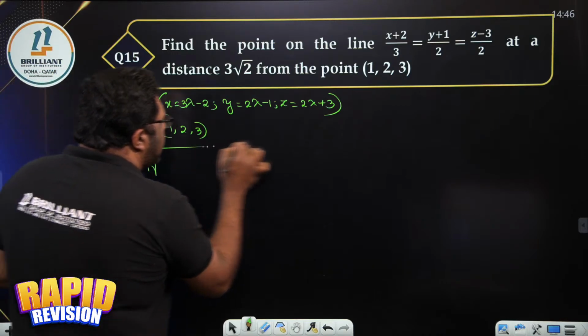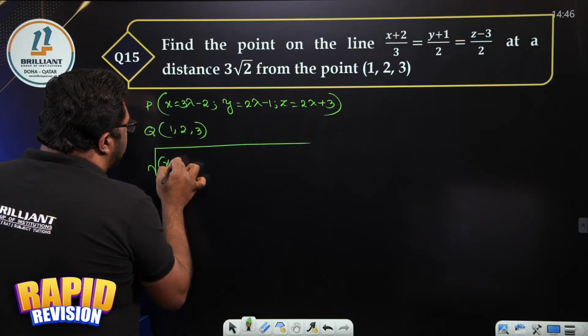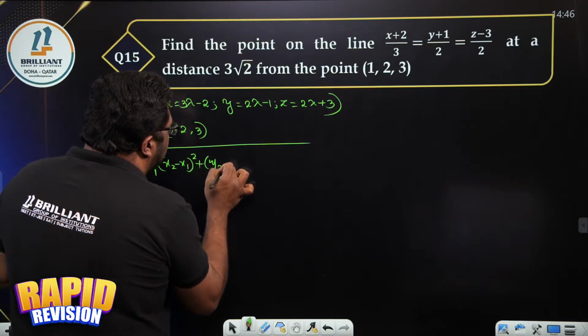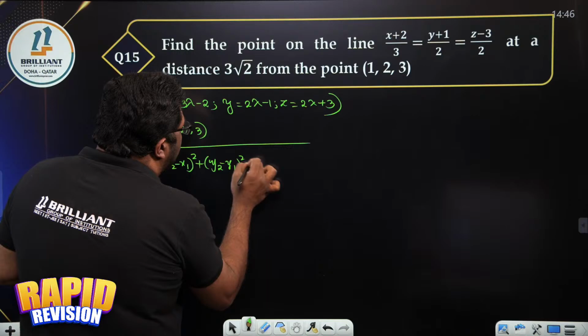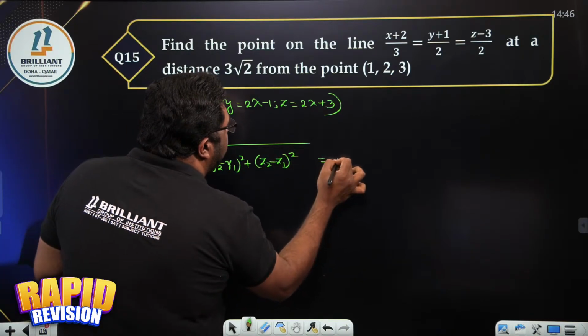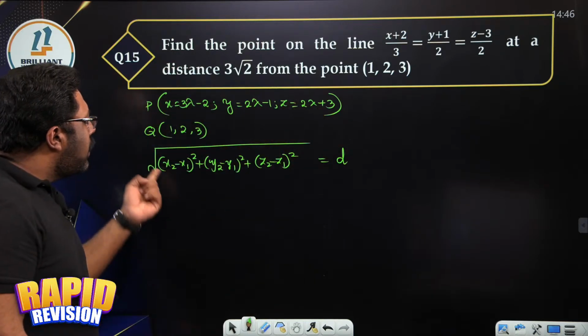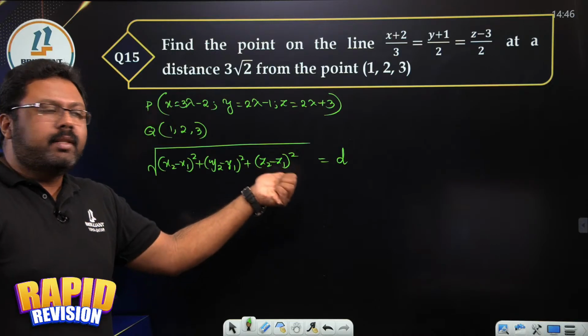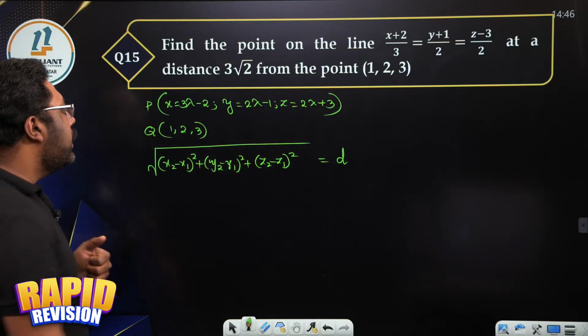The formula for distance, we have been using this many times, but this is the first time I'm writing that formula, because it's a very common formula from 11th standard, where everybody is supposed to know that the distance between 2 points is the root of (x2 minus x1) squared plus (y2 minus y1) squared plus (z2 minus z1) squared, equal to d.